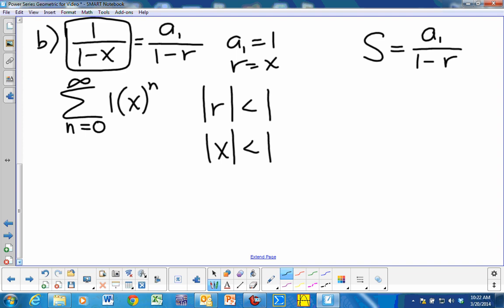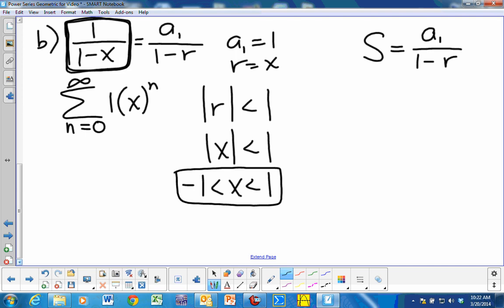So as long as the x that we choose, the absolute value of it, is between -1 and 1, this thing will converge, and it will equal exactly this. So for that beginning problem, the interval of convergence would be -1 to 1.